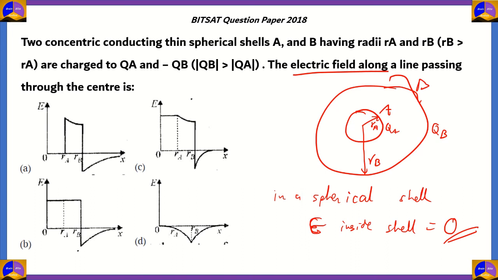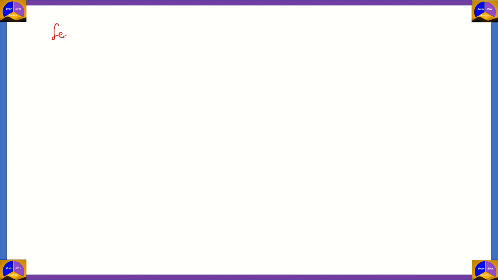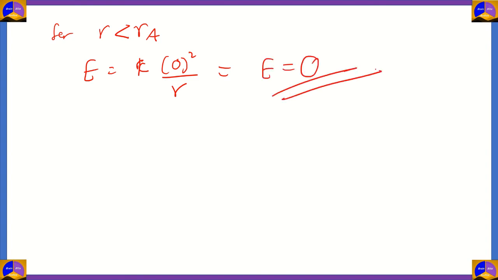So therefore, for R less than RA, the electric field will be K times 0 squared divided by R, so you would have electric field equal to 0. So this is the first case.